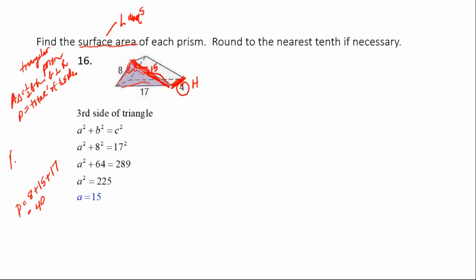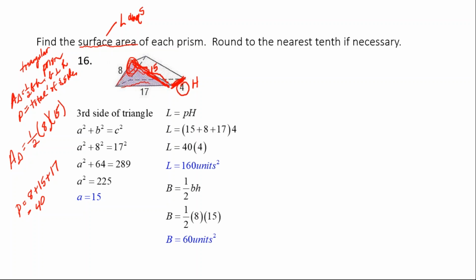Area, half the base times height, half of 8 and 15. These are the ones that are perpendicular. There's my perimeter. So that gets me my perimeter and gets me my lateral area. And the area of the base is half the base times height.